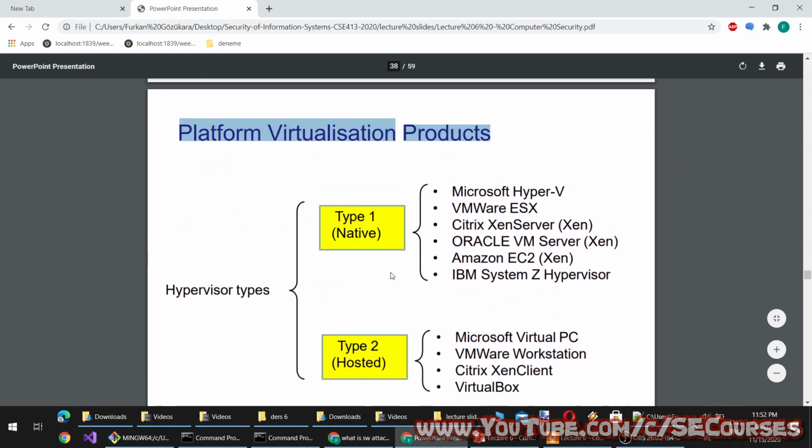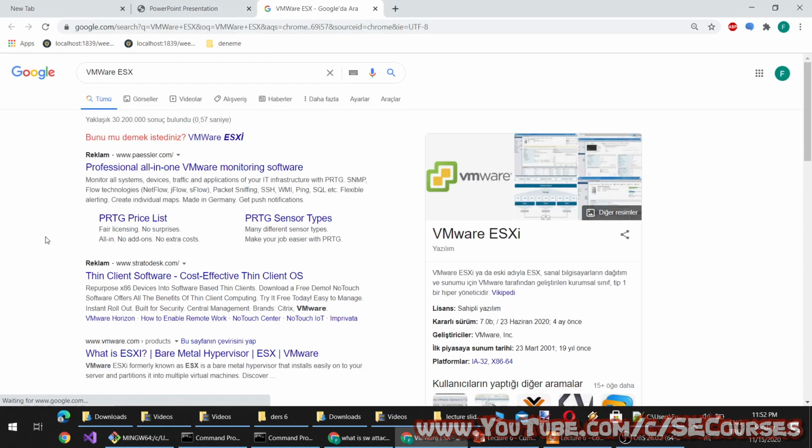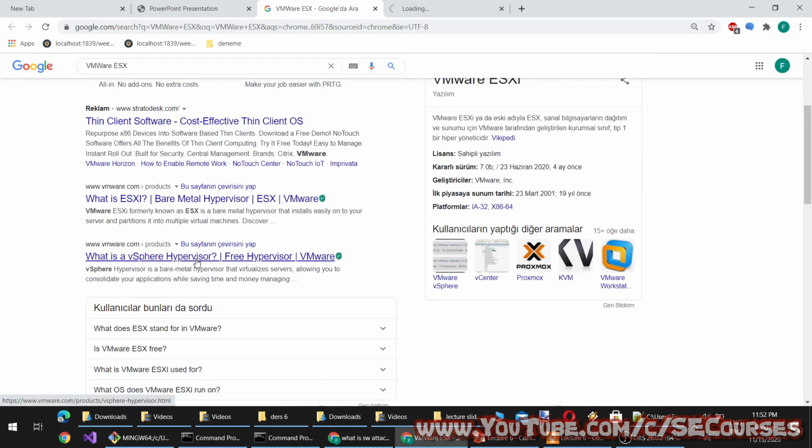Platform virtualization products. Okay, so there are type 1 native and type 2 hosted. Native type 1 products are Microsoft Hyper-V and VMware ESXi. I have never used VMware ESXi. Let's read about it.